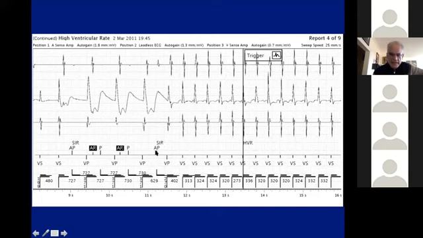So this is A paced. And then there is another V paced event and another A. So is it possible that this A pacing stimulus caused this A arrhythmia, A tachycardia, rapid A beat, rapid A rhythm? And then as a consequence of that, rapid ventricular response.